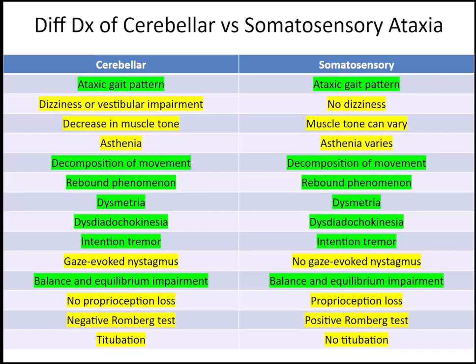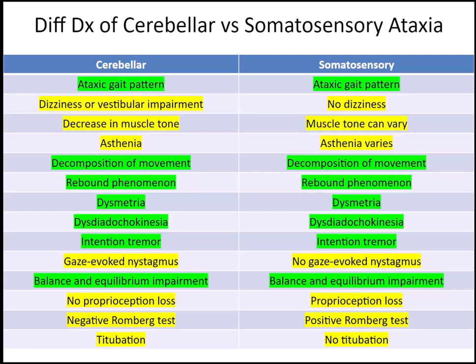You could also differentially diagnose cerebellar disorder from somatosensory ataxia. And with somatosensory ataxia, I'm specifically talking about a loss of proprioception due to damage of the DCML tract. Okay, anywhere in the DCML pathway, and specifically the dorsal columns.